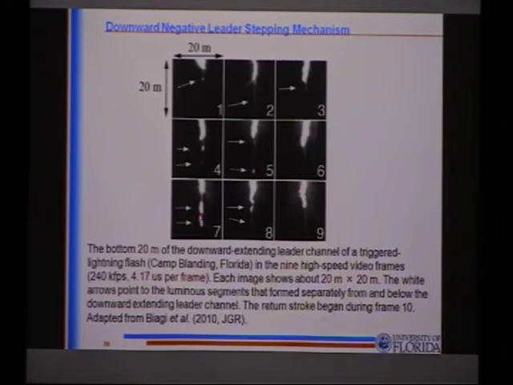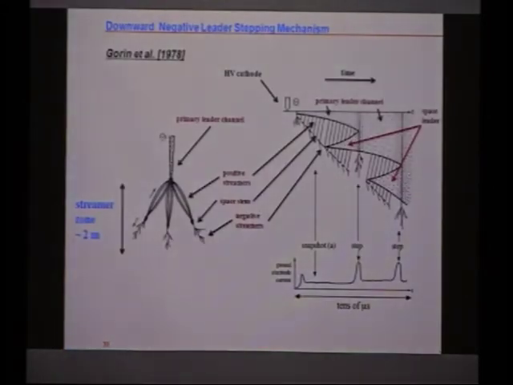And these are similar to what is called a space stem in long spark experiments. And if this is the case, then the mechanism of step formation that was inferred from long spark experiments is probably applicable to lightning. This is the first evidence, shown on this slide.